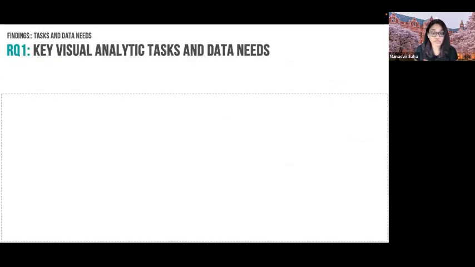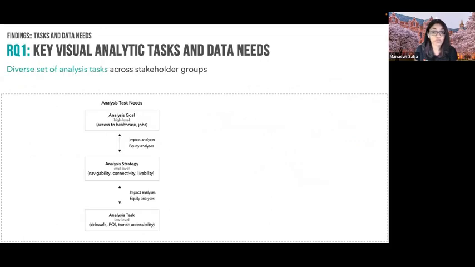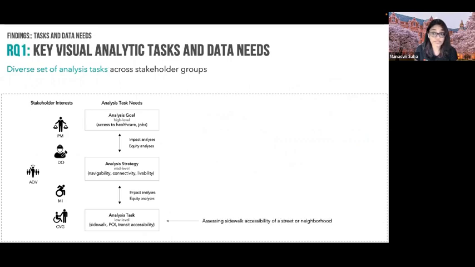Let's see the first question around key analytic tasks and data needs for urban accessibility. We found diverse set of analysis tasks across the stakeholder groups. For example, low-level tasks such as finding sidewalk accessibility of a street or a neighborhood, to high-level tasks of assessing the impact of sidewalk accessibility on healthcare access.